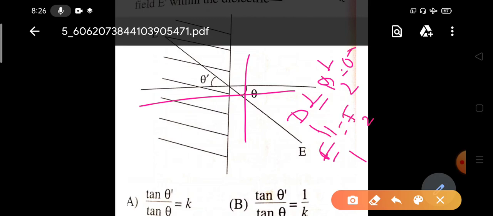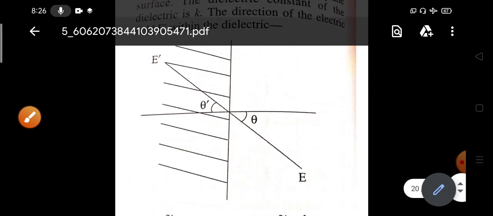In case of a dielectric medium, sigma is 0, so D1 perpendicular equals D2 perpendicular.